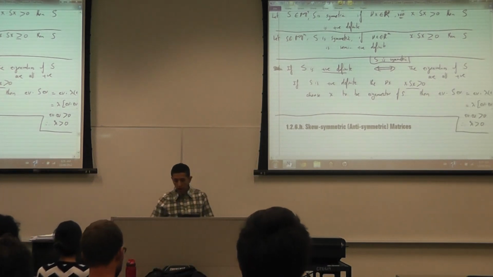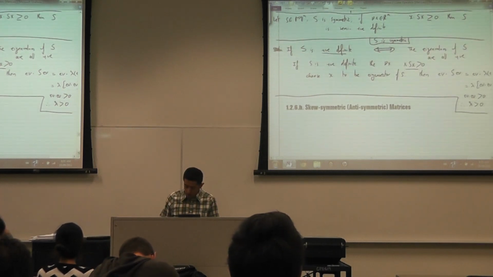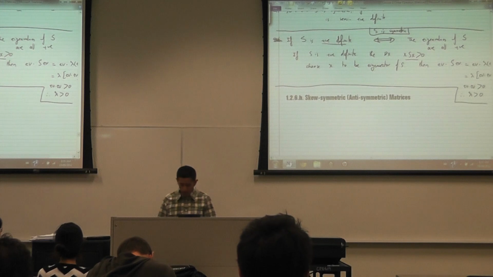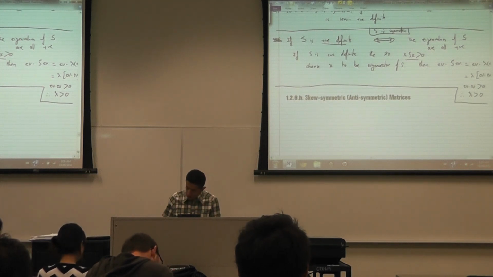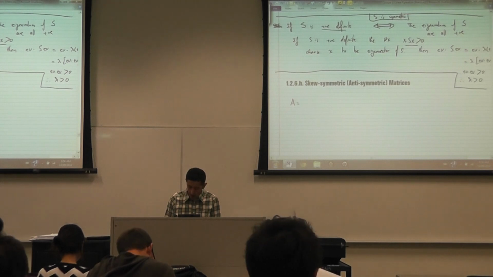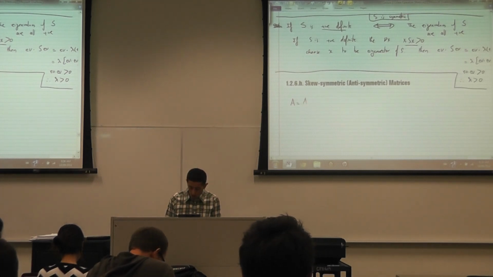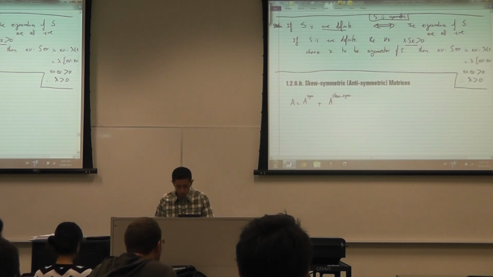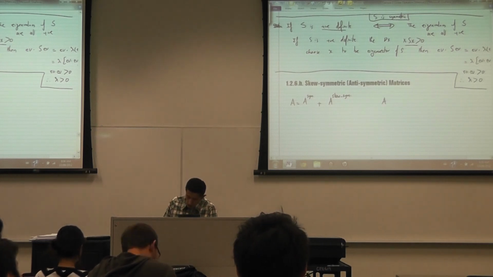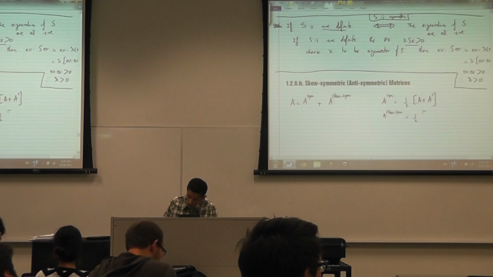Symmetric matrices. Now, any matrix that you studied before can be decomposed into a symmetric part and a skew symmetric part, where the symmetric part is equal to half A plus A transpose, and the skew symmetric part is equal to half A minus A transpose.